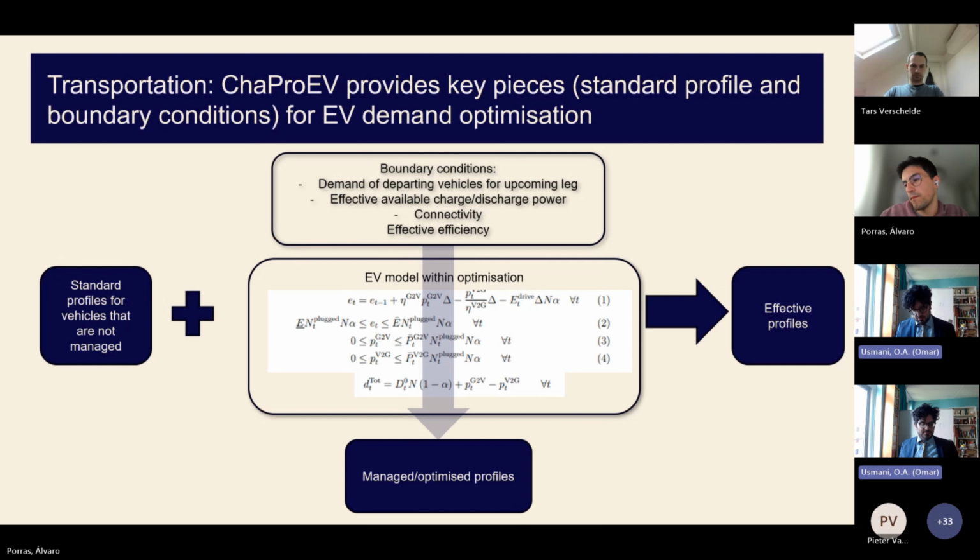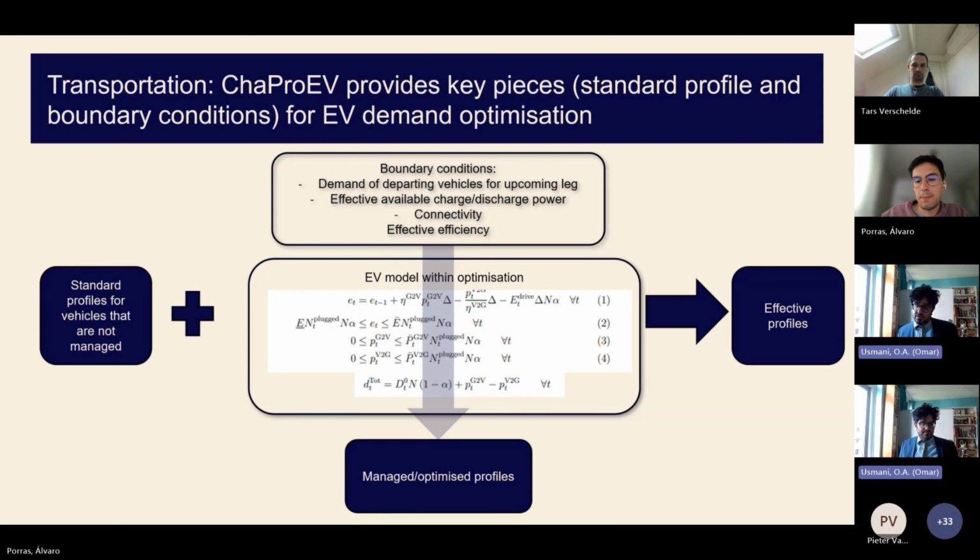You have vehicles that are about to leave and need to arrive somewhere, so they need to have at least a certain amount of charge. You also need to provide what's possible in terms of what you can deliver, and that depends on how many vehicles are connected, where, and which power they have. And that gives you an efficiency. And then you also have an efficiency of that charging power, because what you provide from the network is not always what the vehicle gets.